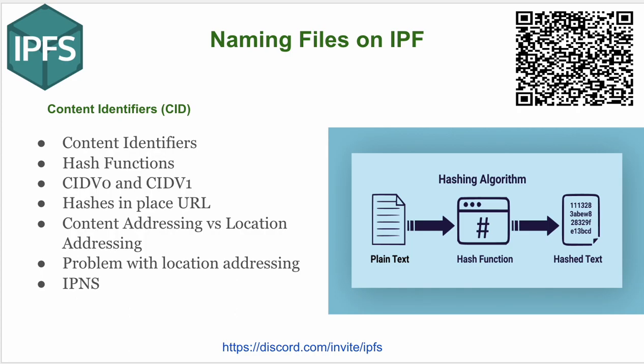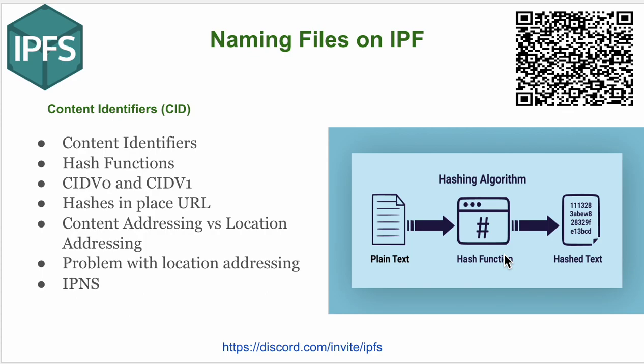This makes sure that the same data always produces the same hash, which means it is deterministic. It also ensures uniqueness, so that no two different data produce the same hash. One piece of data is going to produce a unique hash.